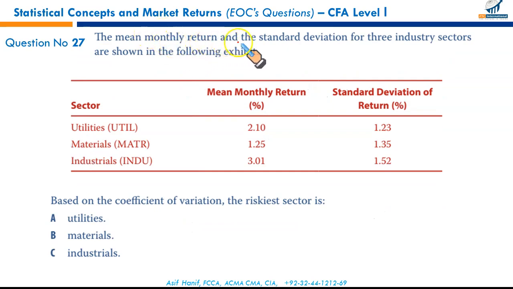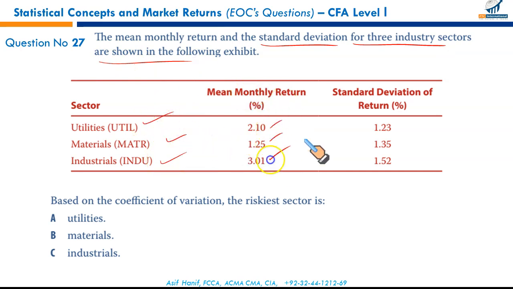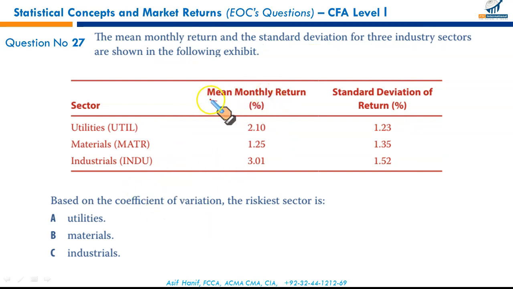The mean monthly return and the standard deviation for 3 industry sectors are given: utilities, materials, and industrials. Mean monthly return is given and standard deviation is given. And I'm sure you know what you have to do. Whenever these 2 measures are given and you have to calculate the relative risk, the coefficient of variation is a measure of relative risk or relative dispersion.